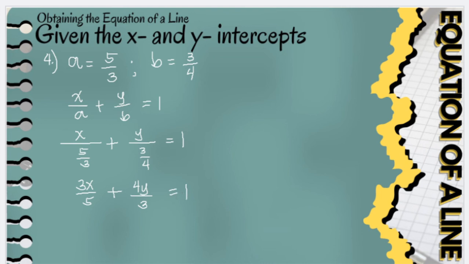And then, multiply each term by the LCD. So, the number that can be divided by 5 and 3 is 15, right? So, 15 lang yung pinakamababang number na kayang i-divide ni 5 at saka ni 3. Now, okay, so 15 times 3 divided by 5, or pwedeng baliktad yung gagawin natin. Instead na 15 times 3, ang laki nun, 45 din, di ba?